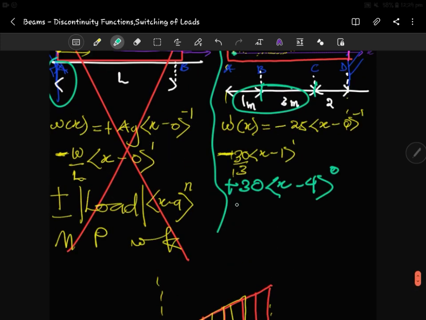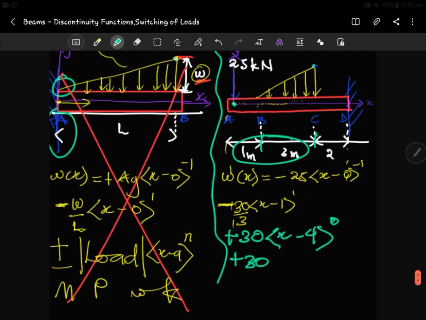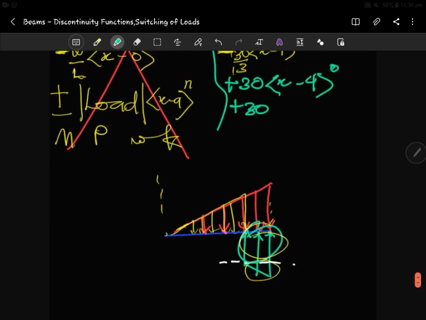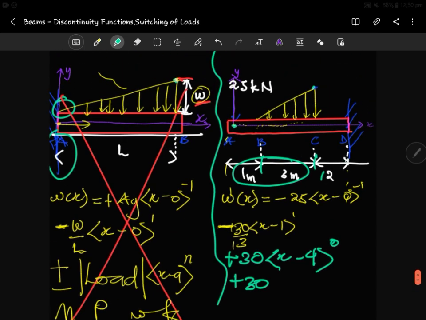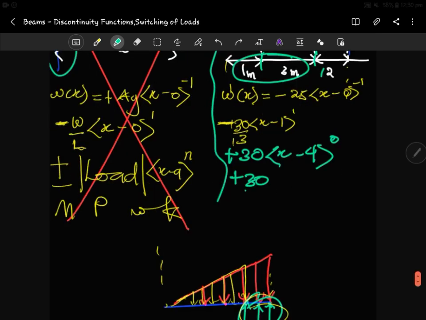The next counter, which is also up, the same direction, plus. What's the magnitude? 30. But it's linear, and it's acting on a portion, which you know to be just this 2 here. It's acting on just that side, so the counter is about here and it's like this. So that's 2.